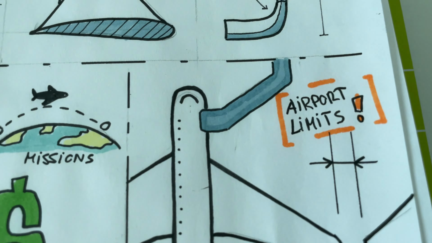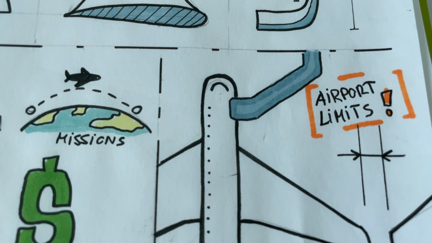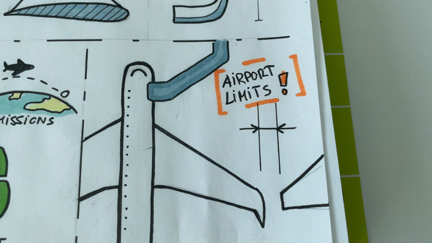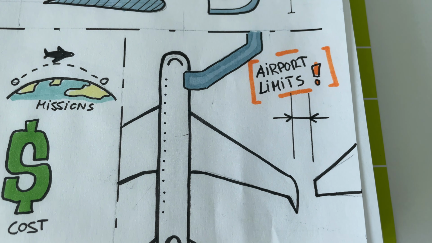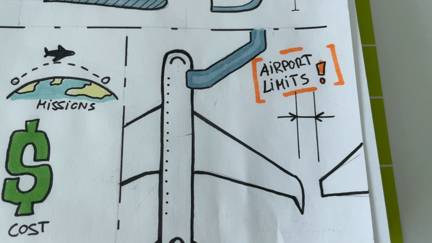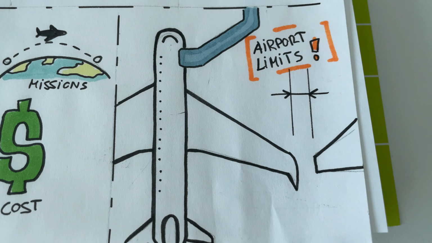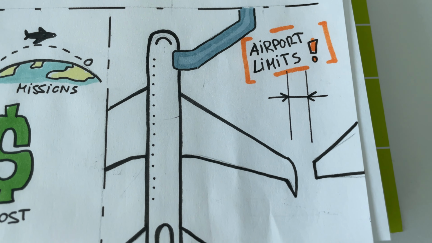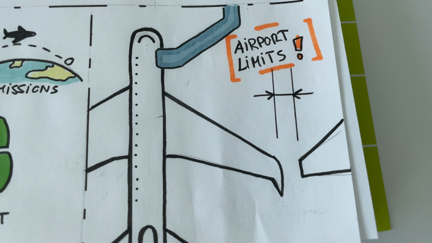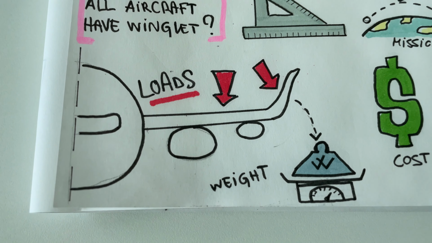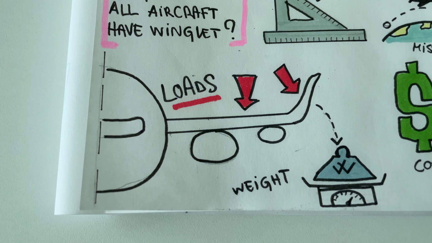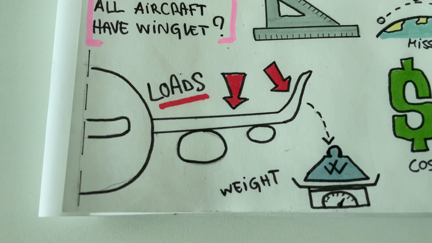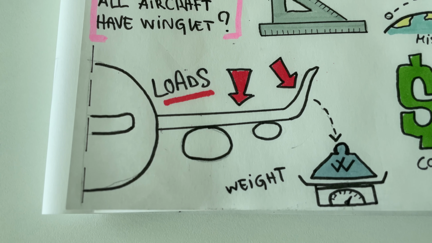Moving on, we have the wingspan limitation. For example, aircraft operating at airports with tight gate spacing may need to limit their wingspan, and longer wings with winglets might exceed these constraints. Last but not least, we have a much higher weight because, of course, winglets add weight, potentially offsetting the drag reduction benefits.